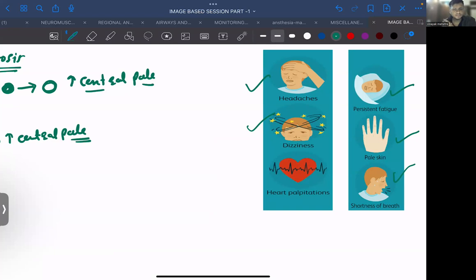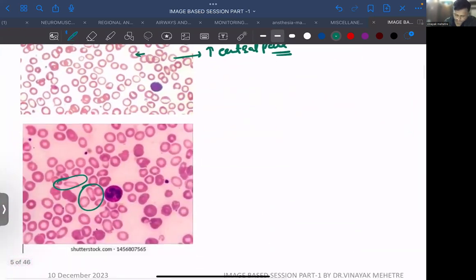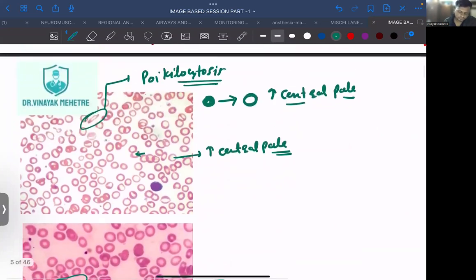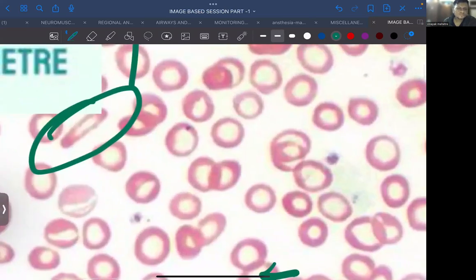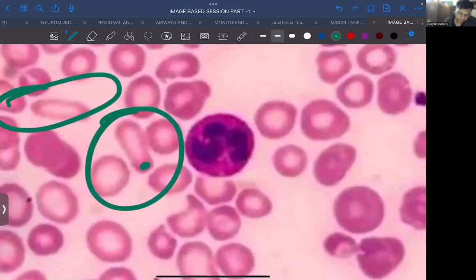Okay, ये symptoms सब में होंगे. ऐसे दिख रहा है. ठीक है. दिख रहा है? दिख रहा है? डिफरेंस है.